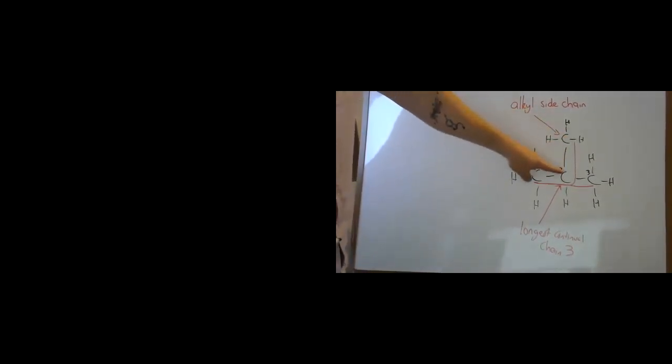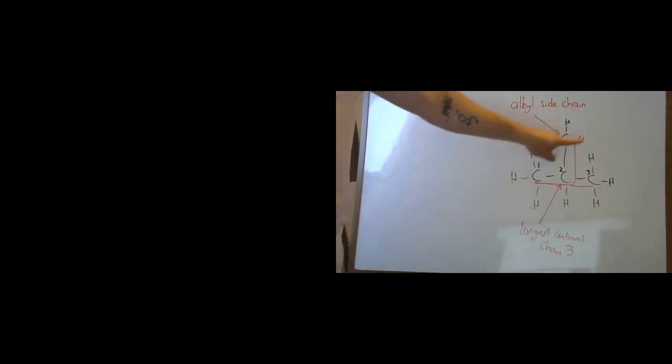Not a big deal which way you number it from. So what we do is the name starts with the position of the carbon that this alkyl side chain comes off. So we call it 2.